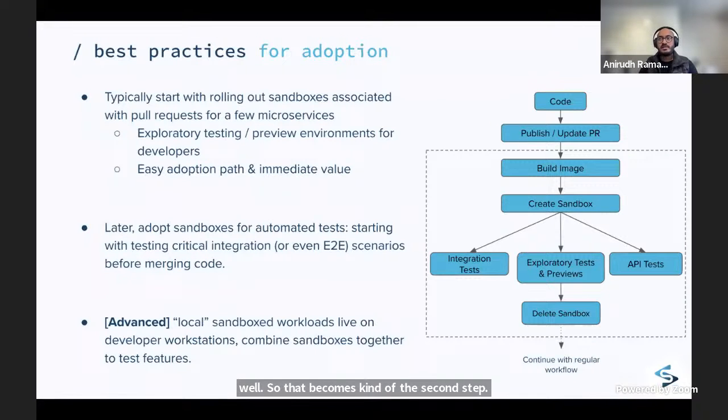There is the ability to make these sandboxes local. You can use a tool that allows you to connect from the workstation to the cluster and essentially move that sandboxed test workload to the workstation. That's a bit more difficult with off-the-shelf components, but it allows developers to not even have to build Docker images and still get this kind of sandbox testing with the rest of the infrastructure staying the same.